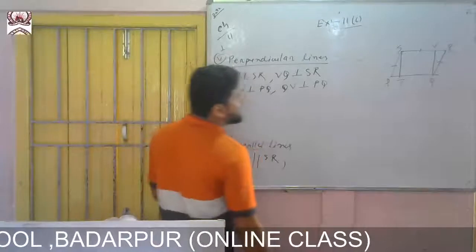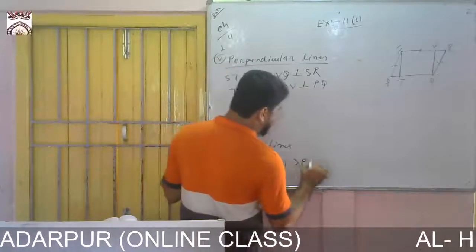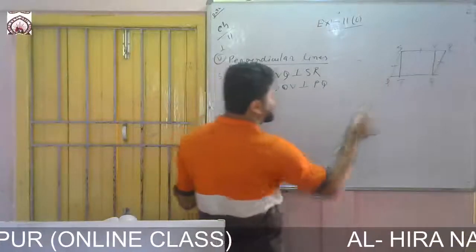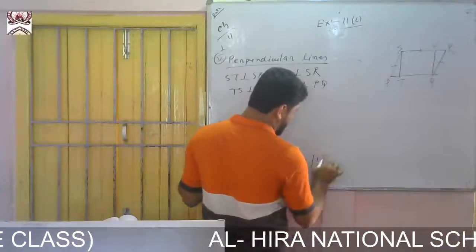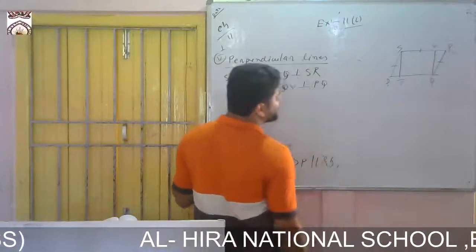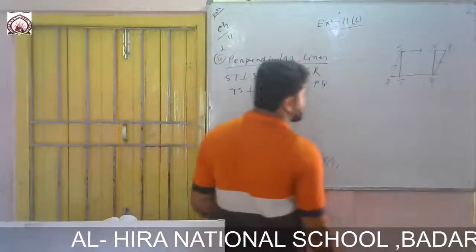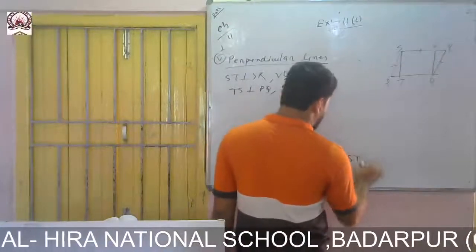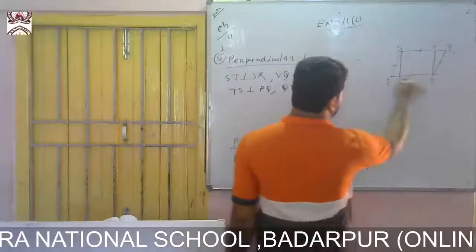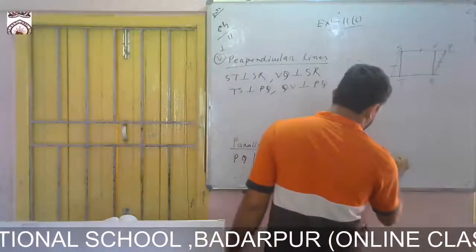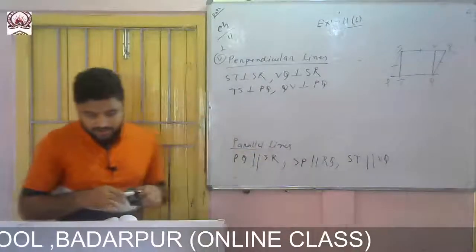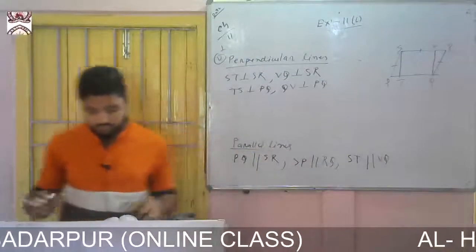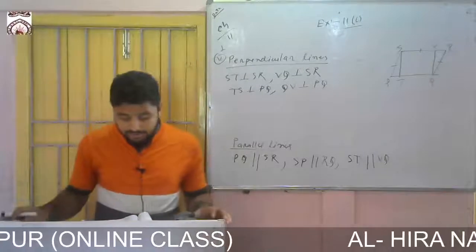And we can say SP parallel to RQ. And ST parallel to BQ. Okay, so these are the parallel lines.